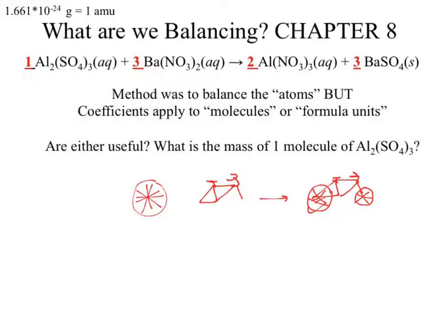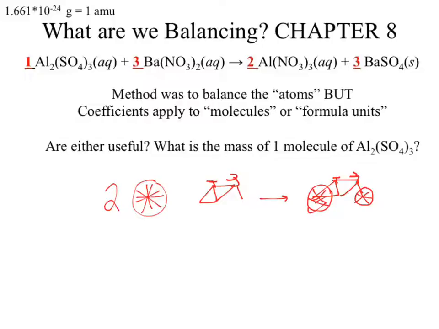Would I actually be able to build a bicycle using this formula as shown? No. What's the issue with it? I'm missing a wheel. I need 2 wheels. We won't do a subscript because that means a molecule. We aren't saying wheels are a molecule. So we'll put a coefficient on that.